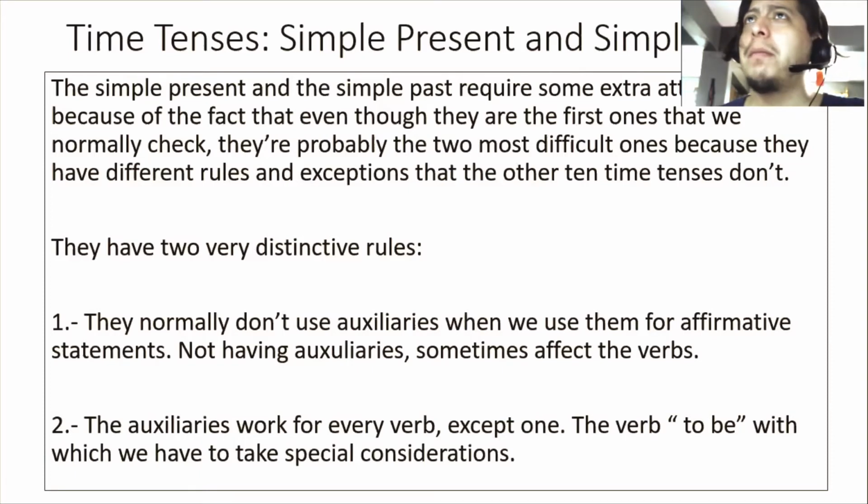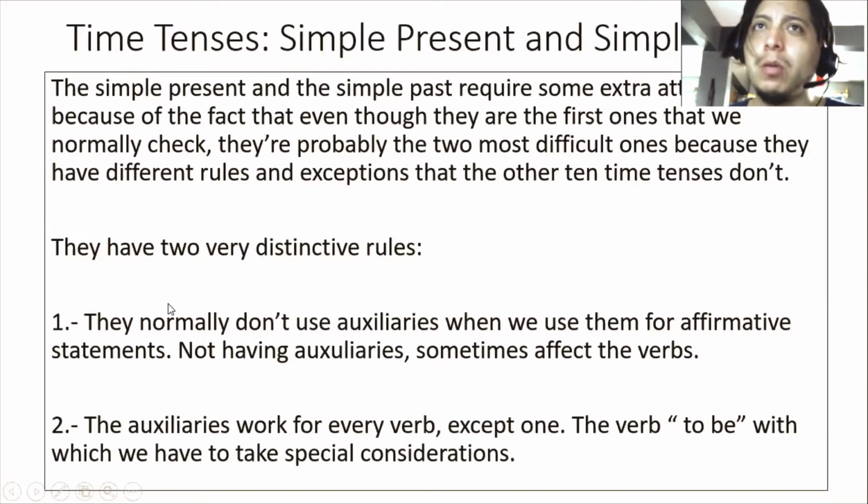But the simple present and the simple past, you have to consider some things. So it says, the simple present and the simple past require some extra attention, because even though they are the first ones that we normally check, they are probably the two most difficult ones, because they have different rules and exceptions that the other 10 tenses don't have.